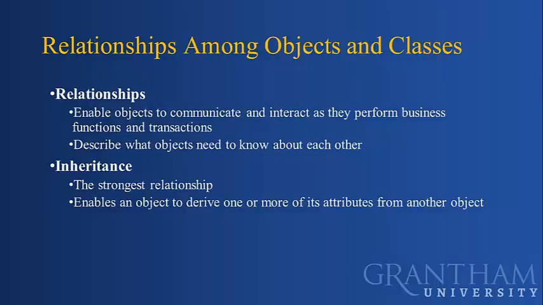Relationships among objects and classes. Relationships enable objects to communicate and interact as they perform business functions and transactions. They describe what objects need to know about each other. Inheritance is the strongest relationship and enables an object to derive one or more of its attributes from another object.